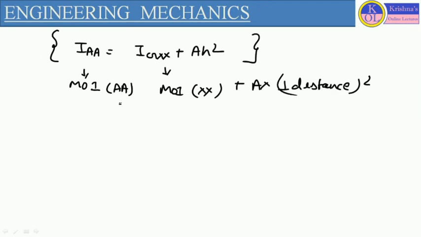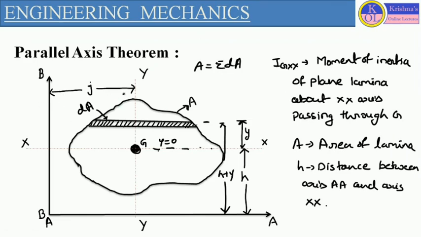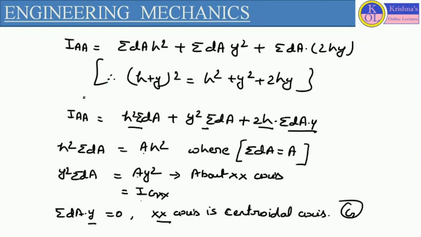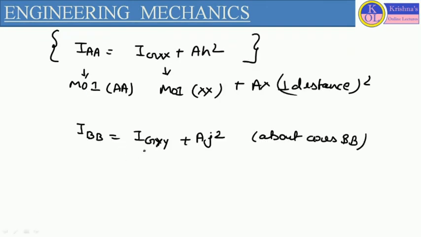Now if we consider another axis, that is axis BB, we have to define the moment of inertia about this BB axis. The parallel axis we are considering here is the YY axis. The distance between these two axes we consider as distance J. So accordingly, the equation will be I_BB equals I_G yy plus A J squared, and this is about axis BB.